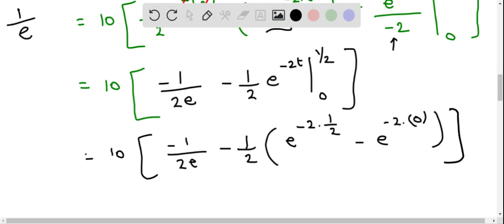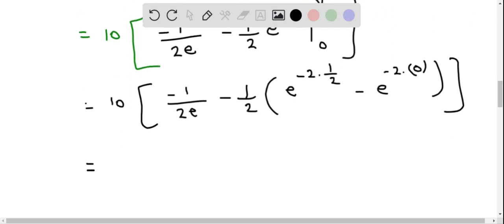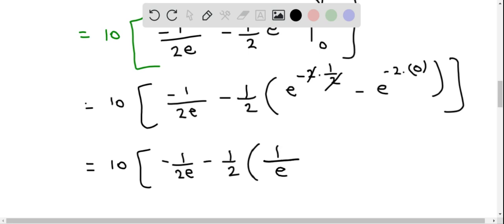So let's close this, and this equals 10 times of negative 1 by 2e. This is negative 1 by 2, and this will get cancelled. So e raised to the power of negative 1, I can write down this as 1 by e minus, and this becomes 2 times of 0 is 0, and e power 0 is 1. So I simply put this as 1.